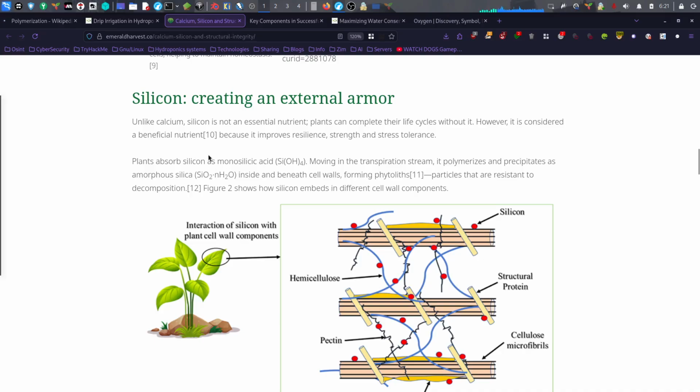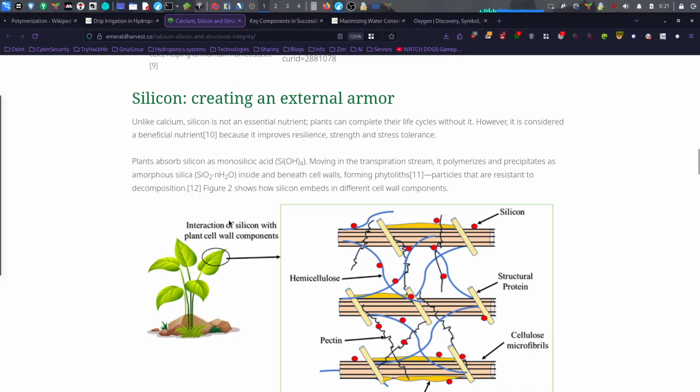Plants absorb silicon as monosilicic acid, moving as a transportation system. It polymerizes and precipitates as amorphous silica inside and beneath cell walls, forming phytolith particles that are resistant to decomposition.